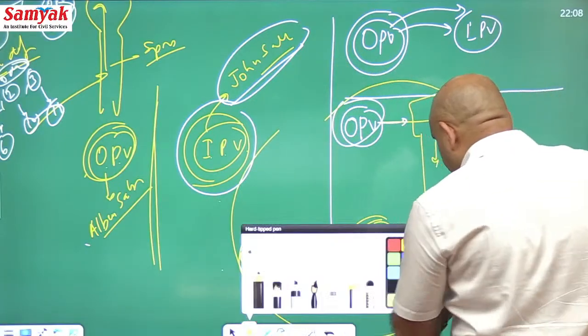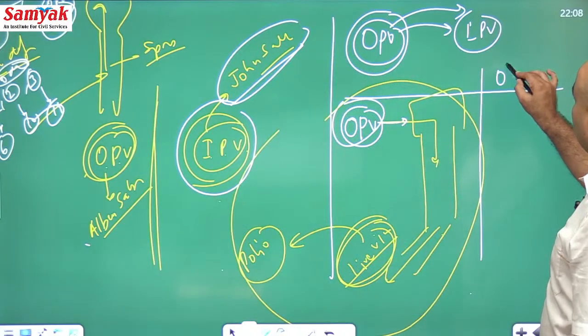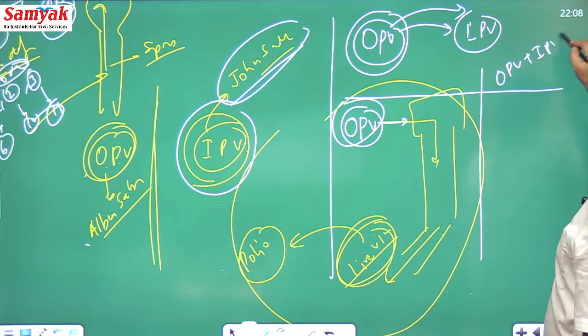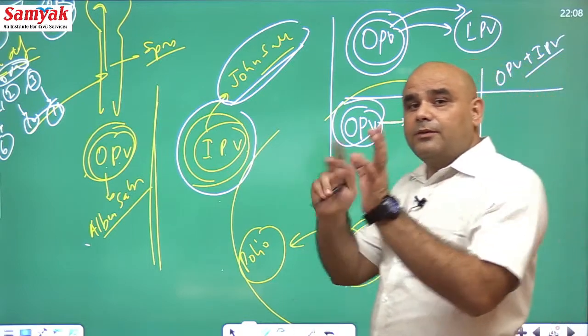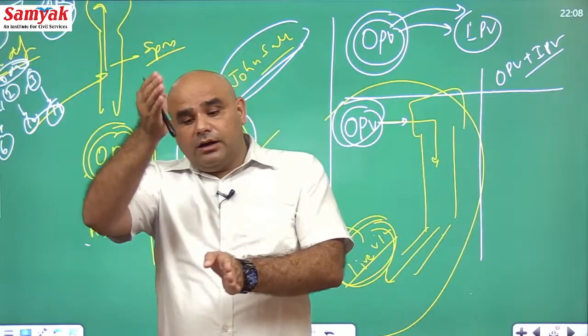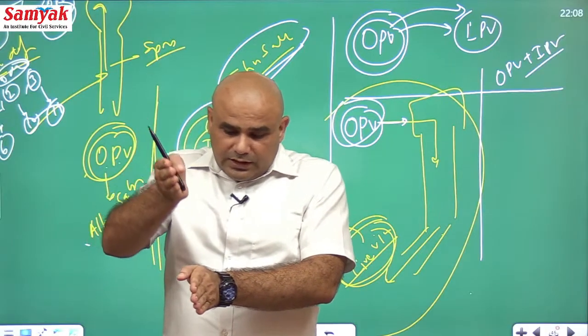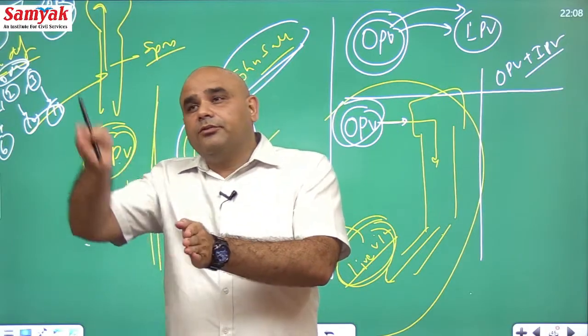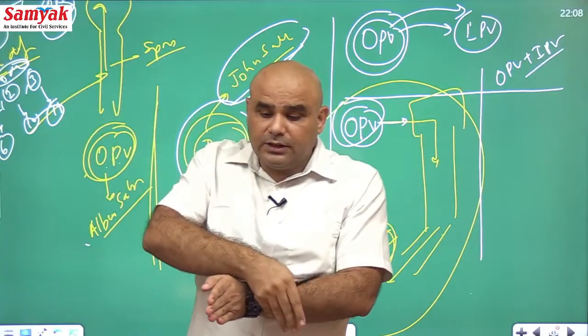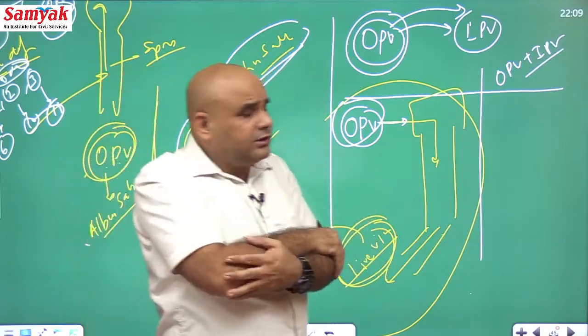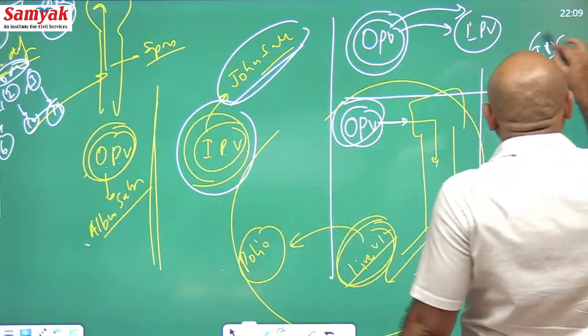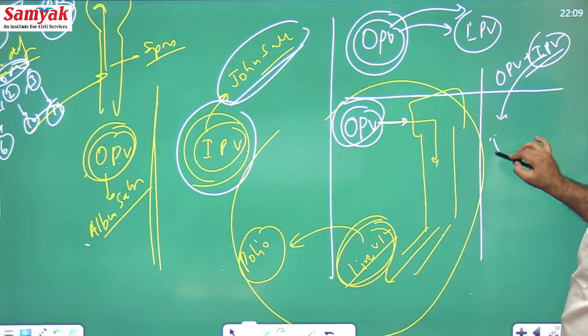So, first of all, we started OPV plus IPV. So right now we are in a phase in which we are giving the children OPV as well as IPV. So there are two fractional doses of IPV right now in the immunization program of India.